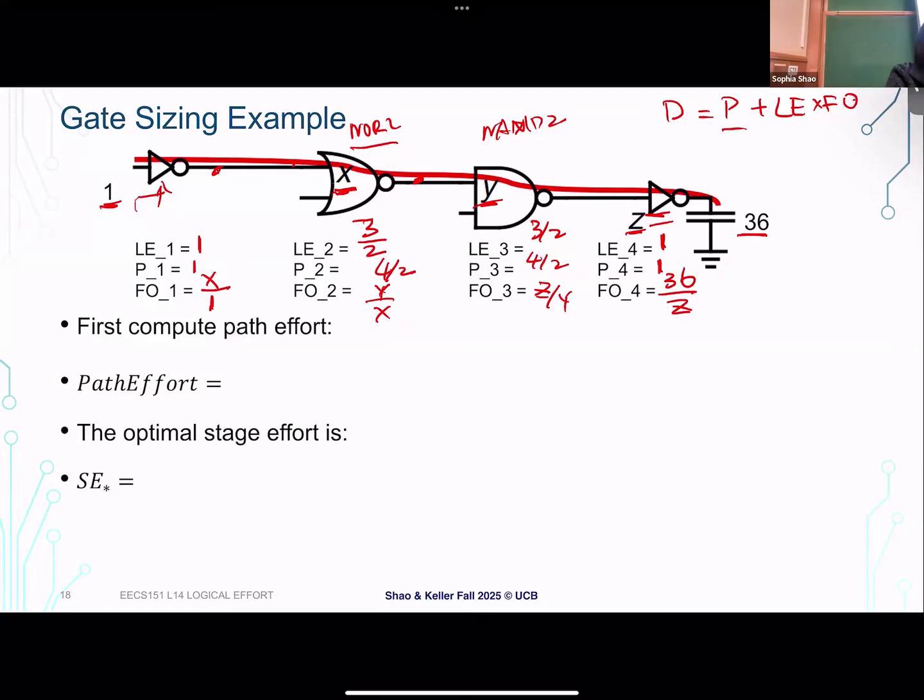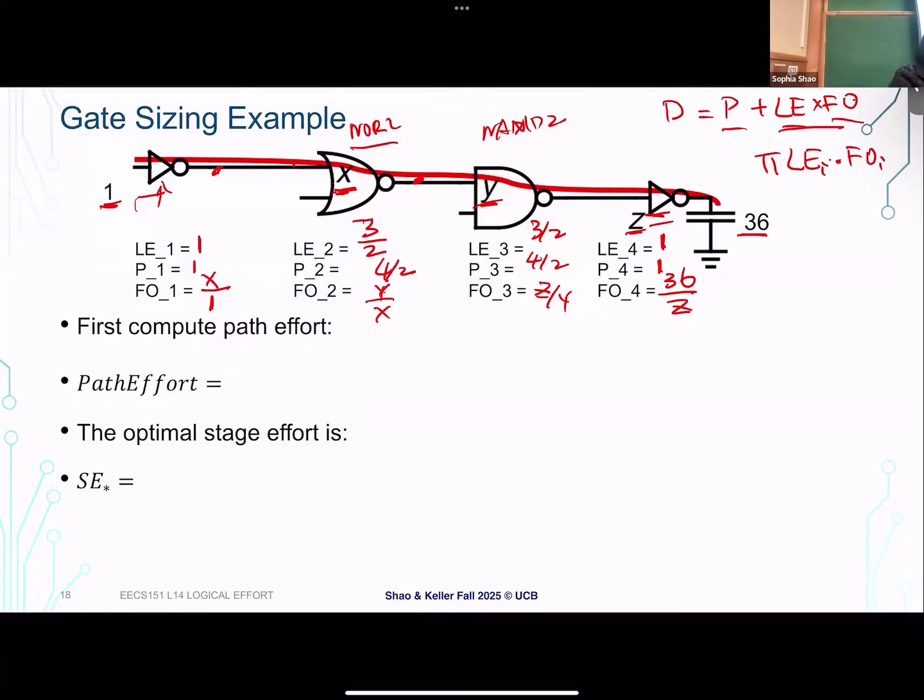We talked a lot earlier about the terms for all three factors, right? Whenever we think about design, we want to get the overall path effort. What is the overall path effort? It's basically the product of the logical effort for each stage and the fan out effort for each stage, right?